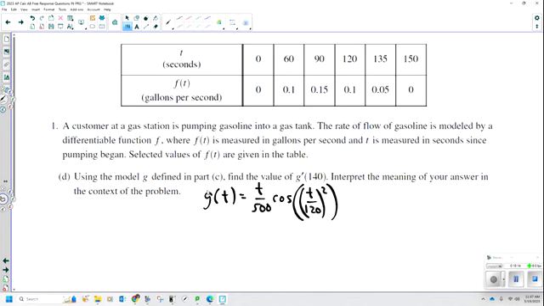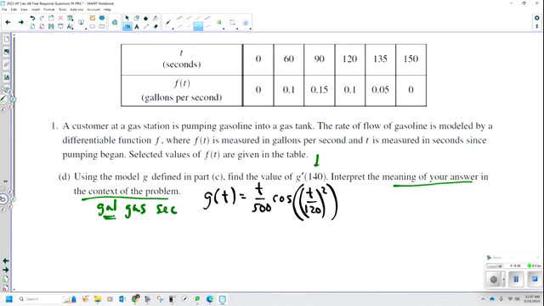Okay, so using this model that we got from part C, find the value of G prime of 140, then interpret the meaning of your answer in the context of the problem. If you weren't watching this for 1A, when they say context of the problem, I'm not just going to say it's the derivative of G. I've got to use, in the context of the problem, gallons and gas per second.